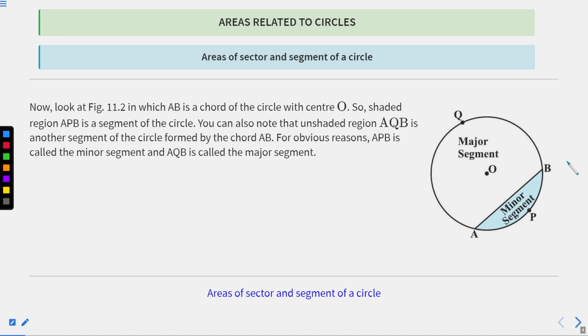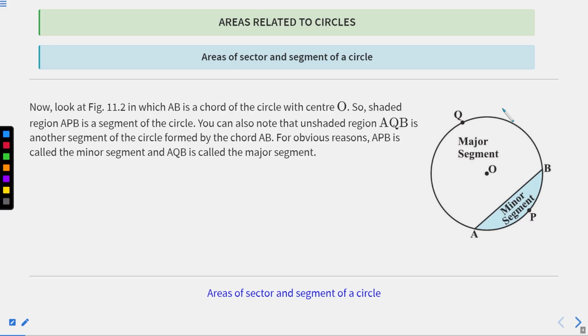It is obvious, since APB is a smaller segment than this segment. That is why APB is the minor segment, and AQB is the major segment.